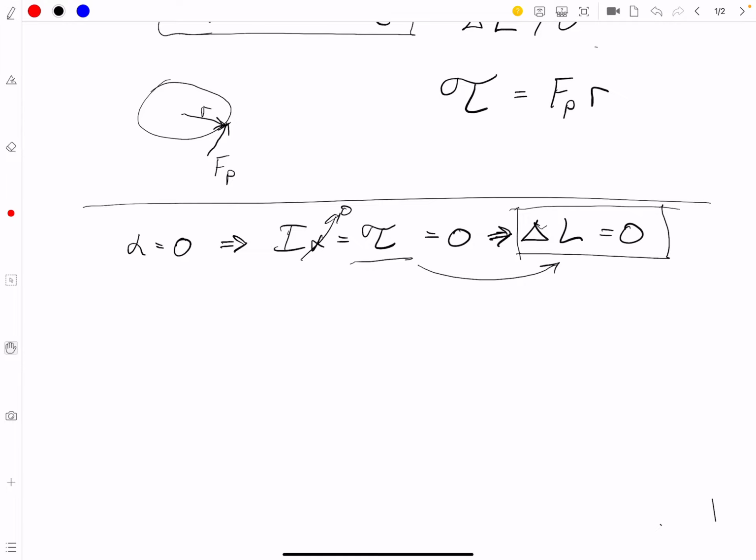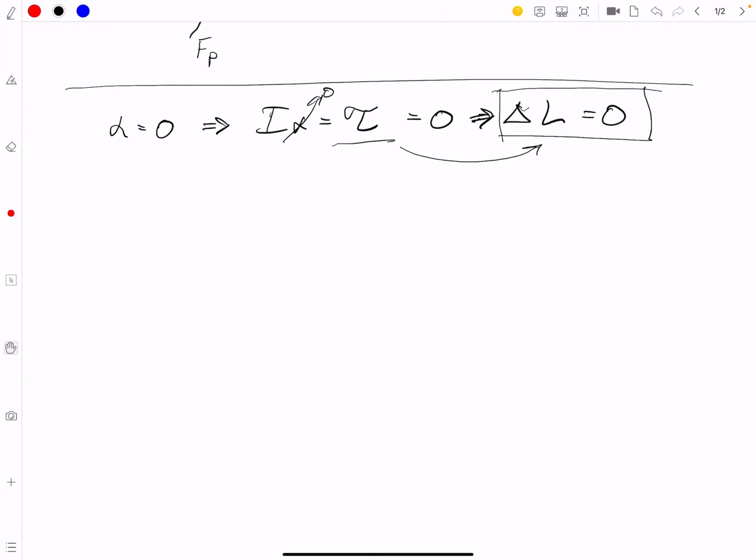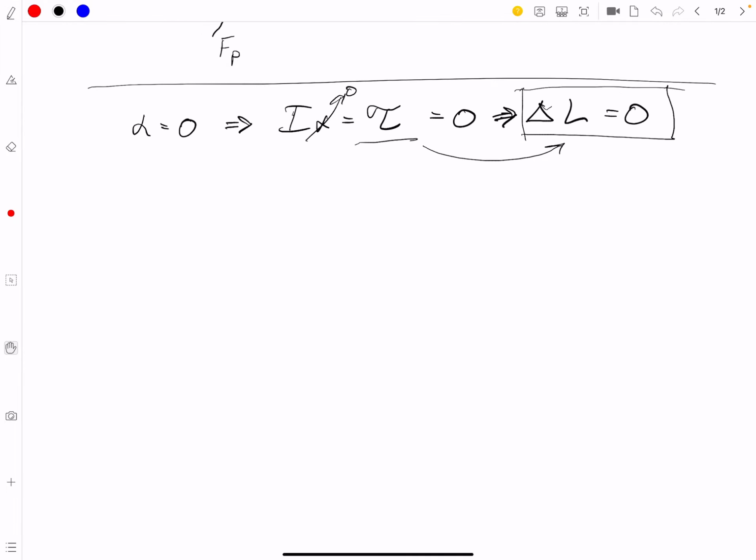Great, we've got that. Delta L is equal to 0. All right, we can say angular momentum is conserved.